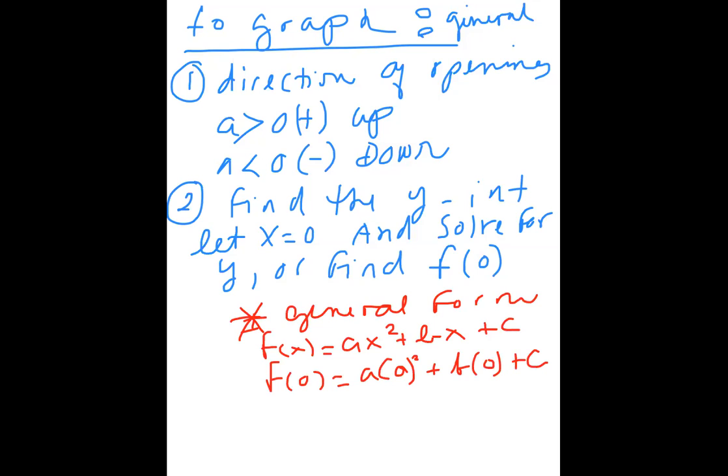The ax squared term cancels out because when you multiply by 0, you get 0, and the bx term cancels out too. So what you're left with is f of 0 equals c. In other words, when it's in the general form, the c value is your y-intercept. So you could just eyeball this and figure out what the y-intercept is.